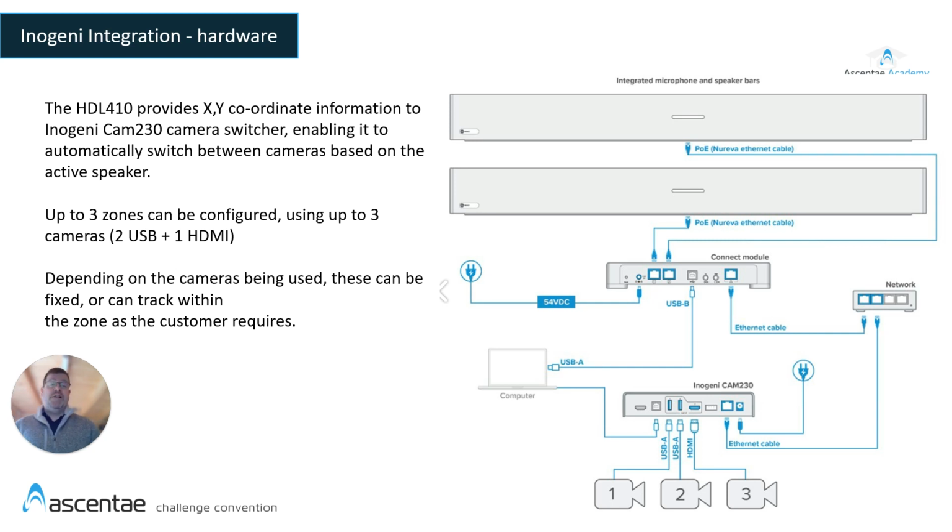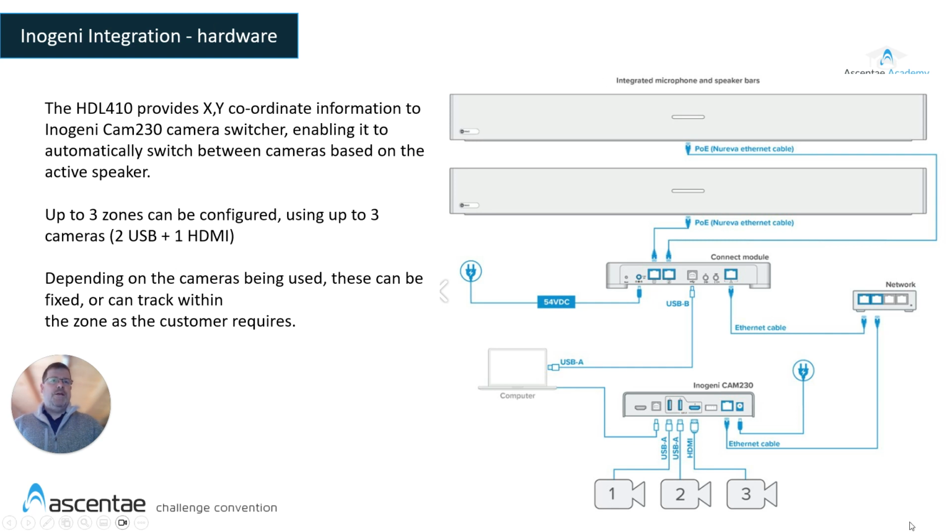Here on the right, we can see the cabling diagram. So we've already seen how this applies to the standard setup. So the top half of this is basically the same as normal. However, we've now added in the Inagini Cam 230 with 3 cameras attached.